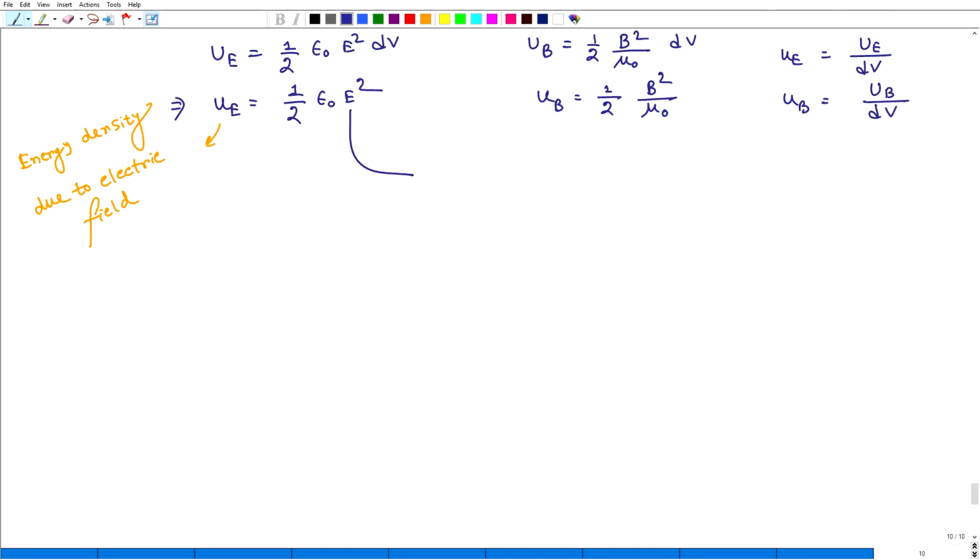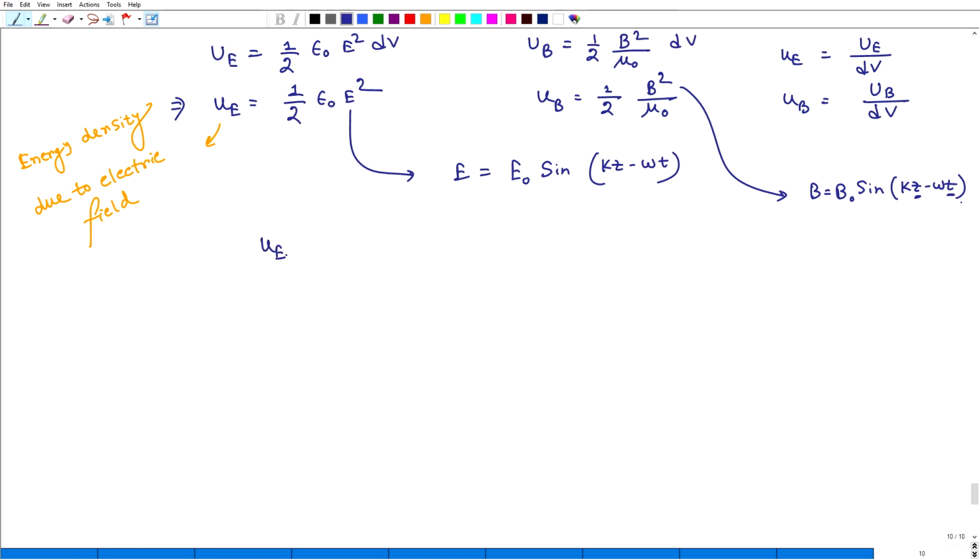The electric field has the form E naught sin(kz minus omega t), and the magnetic field also has a form like this, B naught sin(kz minus omega t). Both are functions of time and position, so it is oscillating, right? So, we have to take the average value. What will be the average value? That is very important.